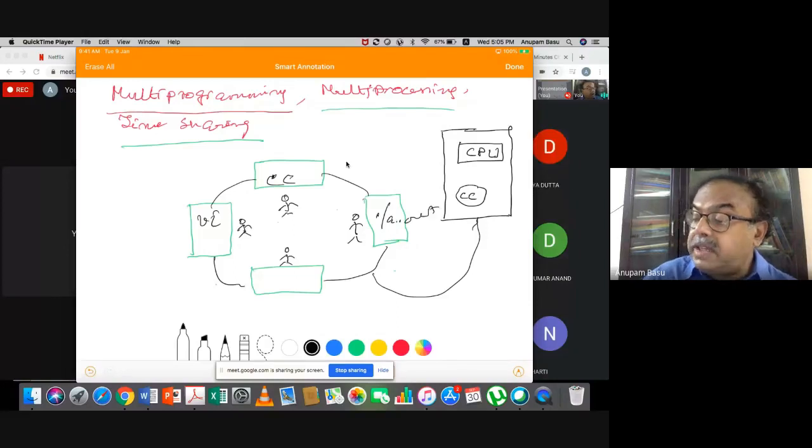All these things are being responded to. How is that possible? By one CPU, by time sharing. Each of these are processes: your CC is a process, VI is a process, a.out is a process, and all of them are allocated a fixed time quantum.